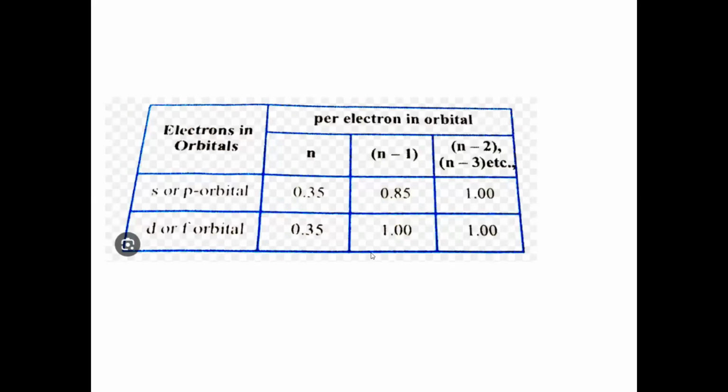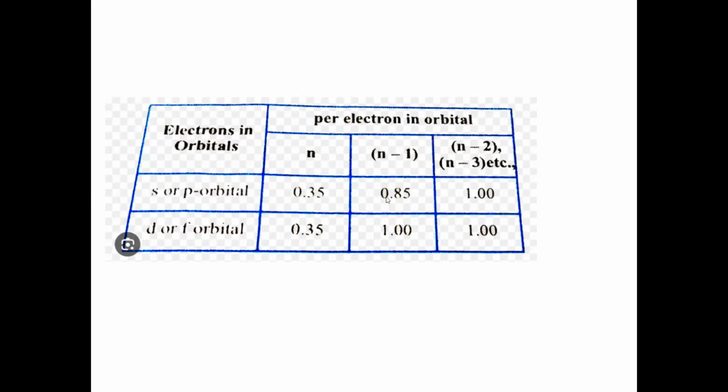This is the tabular form. It gives clear information about the values. The electrons are in either s or p orbitals, or d or f orbitals. For s or p orbitals, the values are per electron. If the electron is present in the outermost shell, that value is 0.35. These are all sigma values, constant values. Similar for d and f orbitals, the same value for the nth shell.